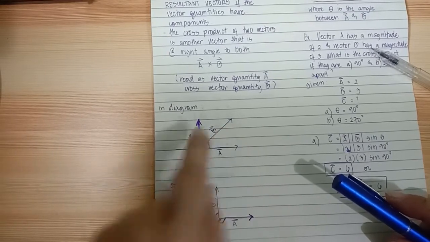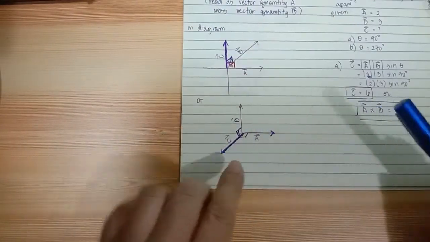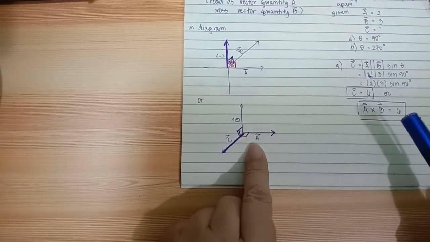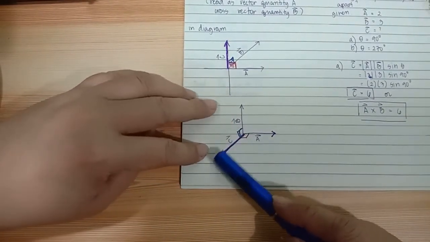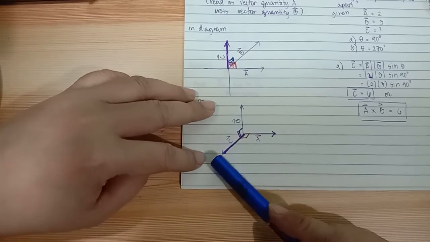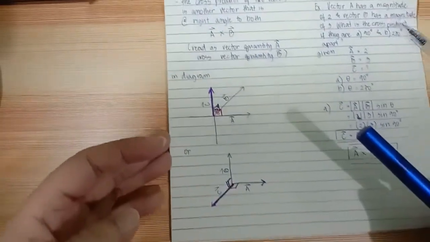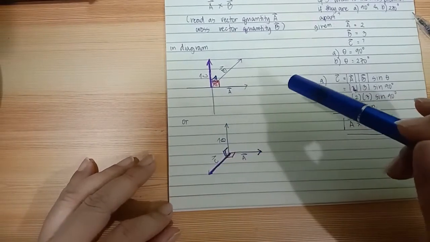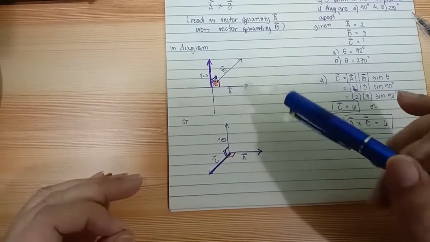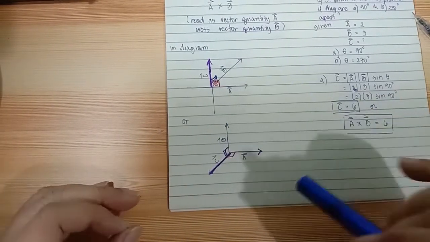Kung dito naman titingnan natin, nasa positive X si A, nasa positive Y si B, then nasa third quadrant naman si C. Kaya ito, hindi nyo to ipaplot, hindi nyo to titignan ng point of view ng Cartesian plane.